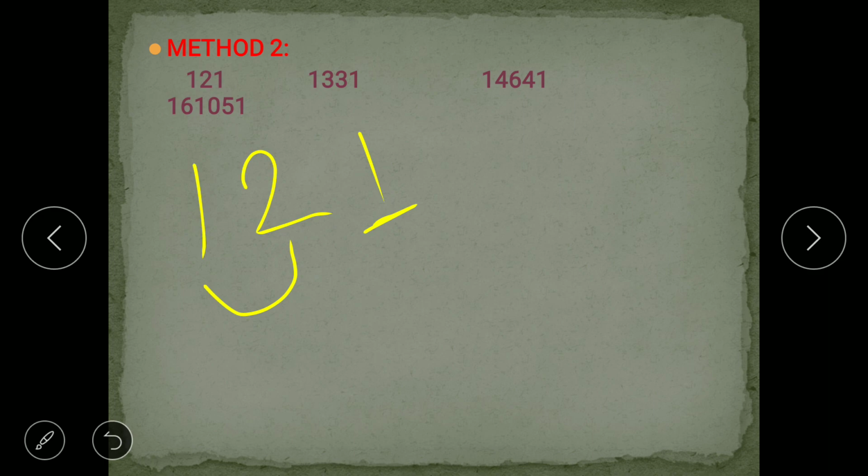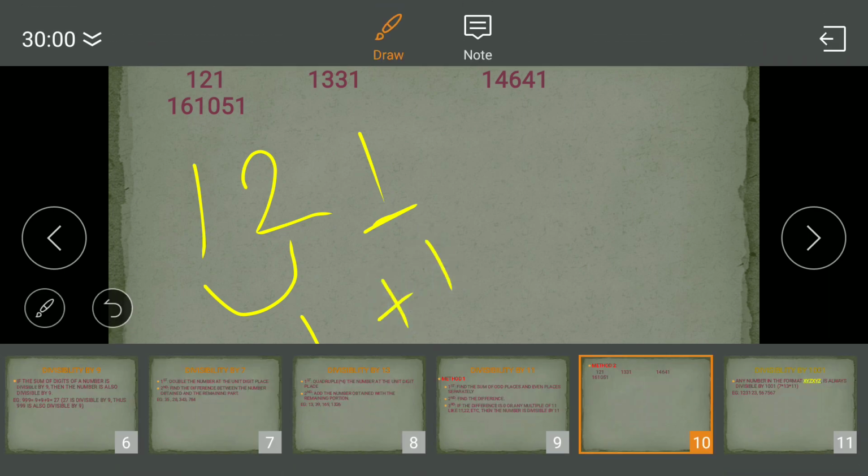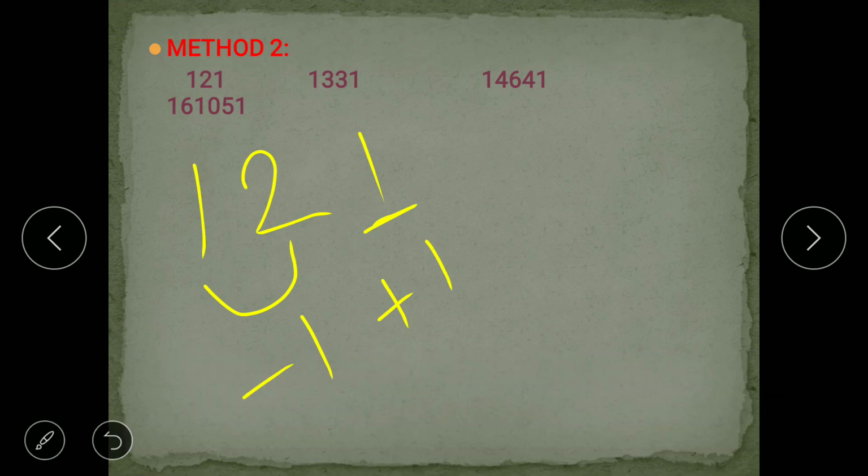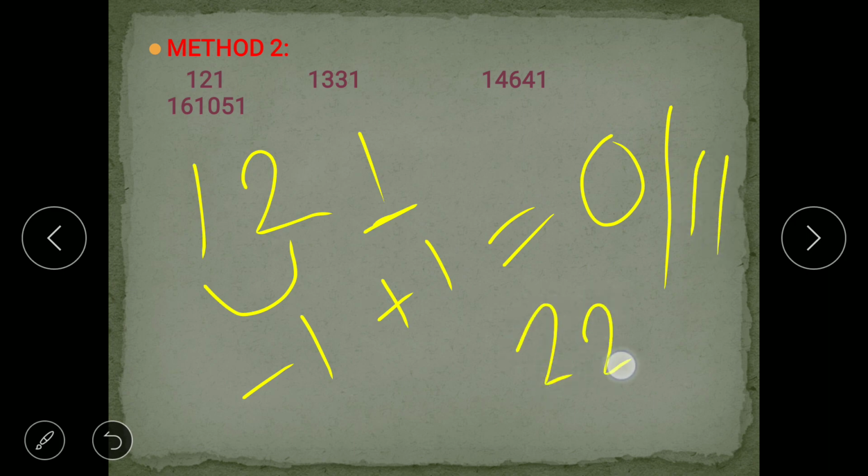You will get -1, and write the last 1 as +1. -1 and +1 will give us 0. Once again, if the result is 0, or 11 or 22 or any other multiple of 11, then the number will also be divisible by 11. Clear? See the next one.